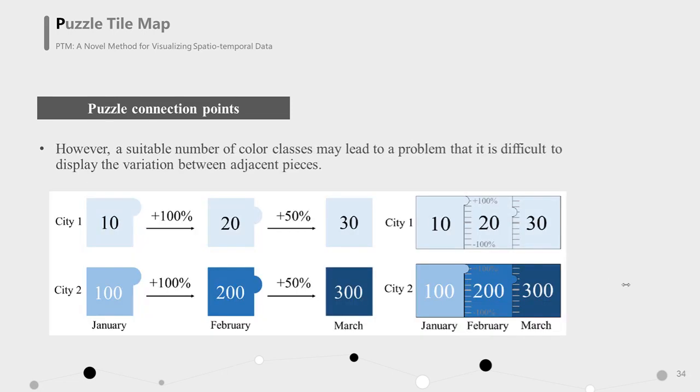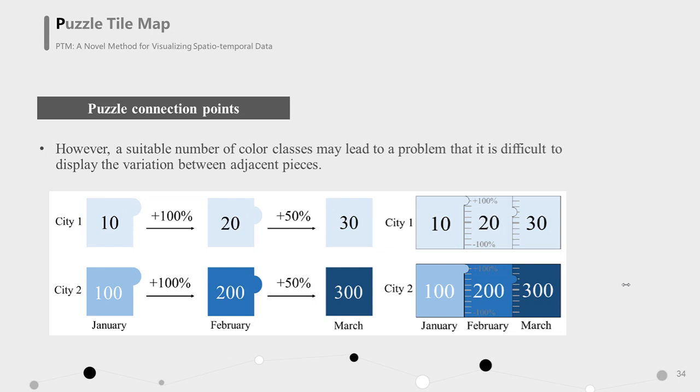However, a suitable number of color classes may lead to a problem that it is difficult to display the variation between adjacent pieces. In this study, this problem is addressed with the piece connection pattern.